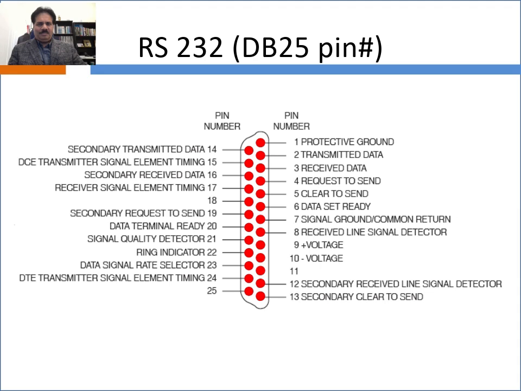But in future, if you would like to develop or manufacture these kinds of interfaces or connectors, then you must know the pin numbers and what they do, and accordingly you have to design your product. And all these interfaces and specifications are based on the standard that is called the RS232 DB25 standard.